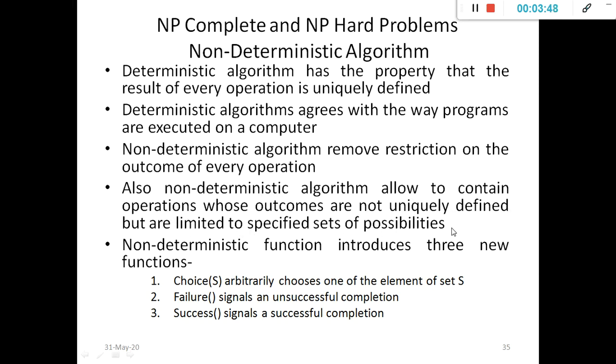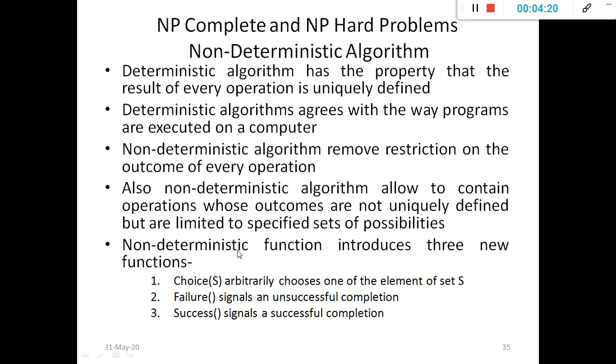That's why the non-deterministic algorithm introduces three new functions: the first is choice, the second is failure, and the third is success. Choice arbitrarily chooses one of the elements of the set S. Failure signals an unsuccessful completion, and success signals a successful completion of a non-deterministic algorithm.